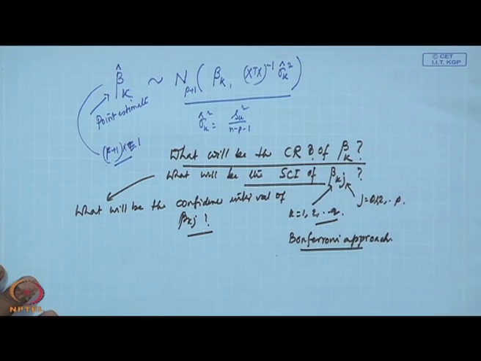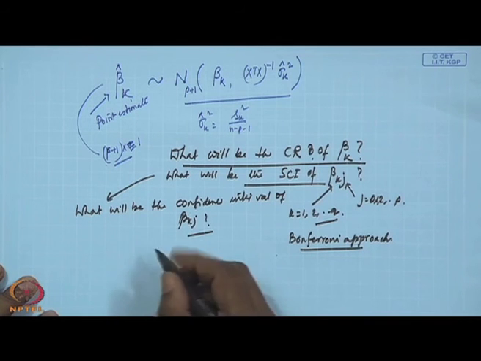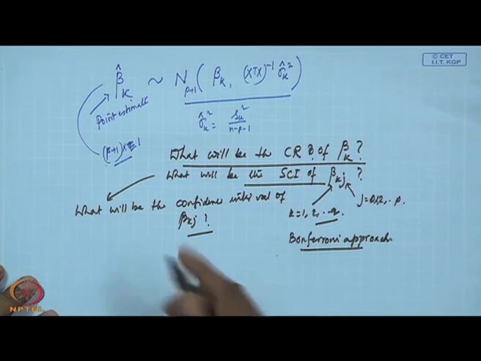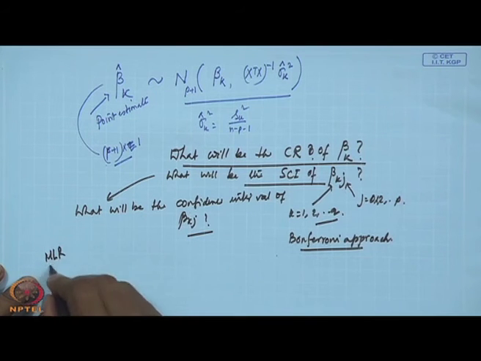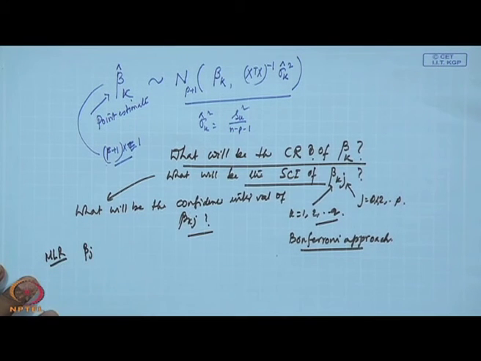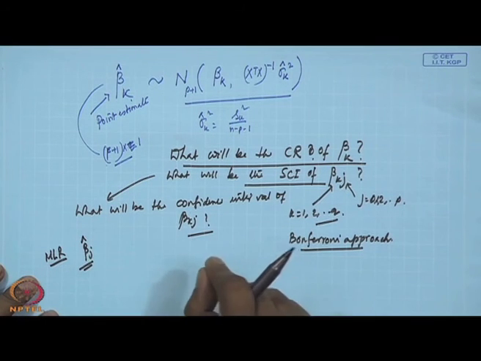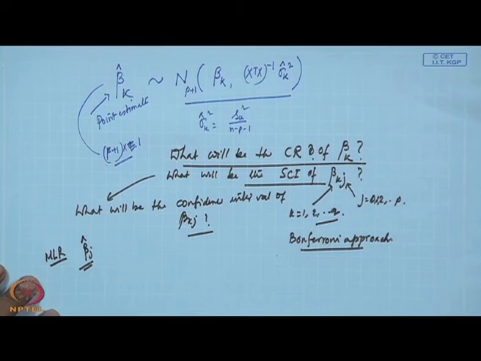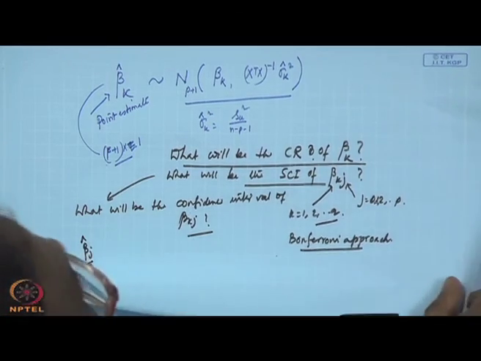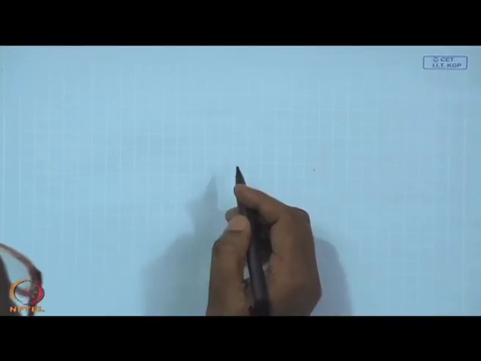But there, mostly the beta j case was discussed; the variable k was not there. In MLR we said that beta j cap minus expected value of beta j cap, divided by the standard error of beta j cap, follows a t distribution. The same thing prevails here also, and we can use it here.